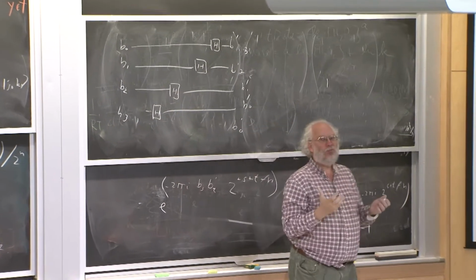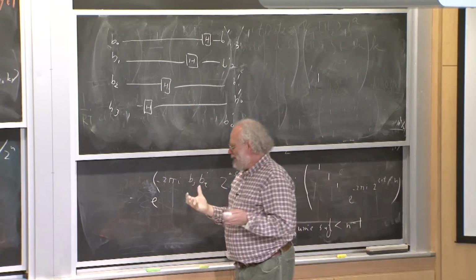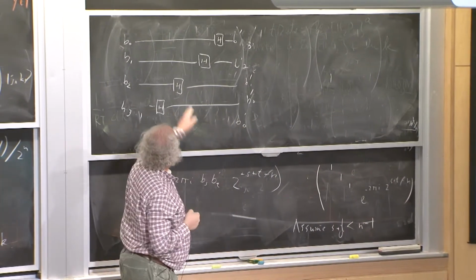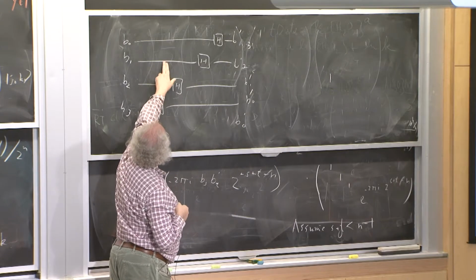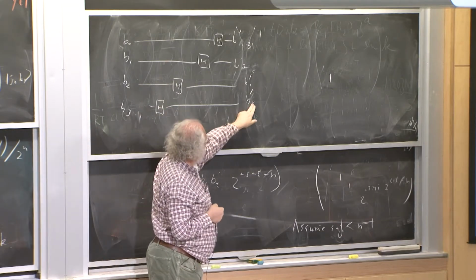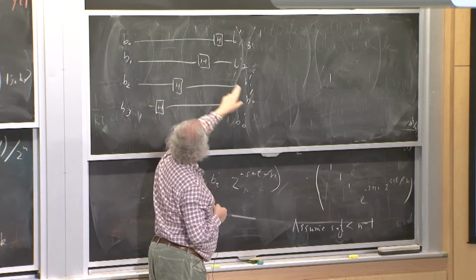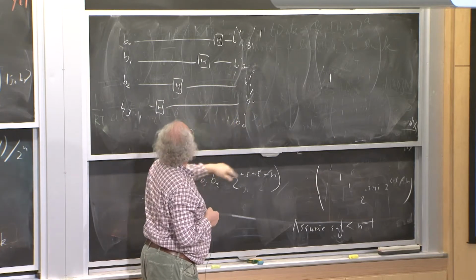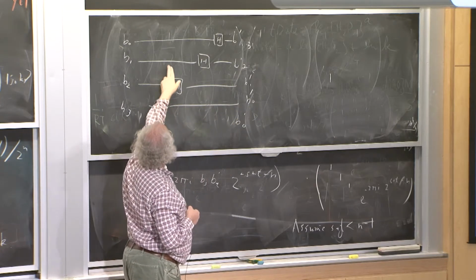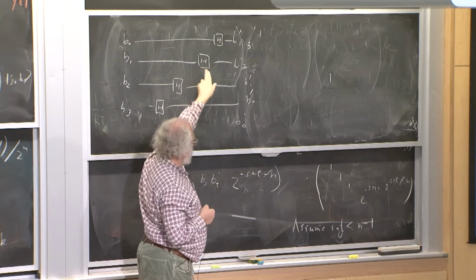And of course, it doesn't matter where exactly you put it, as long as you put that gate between b_s and b prime t, after the Hadamard gate on t and before the Hadamard gate on s.